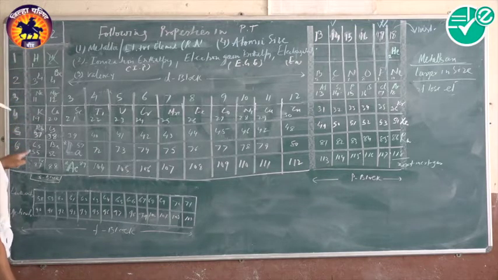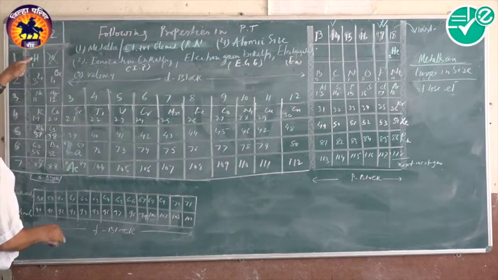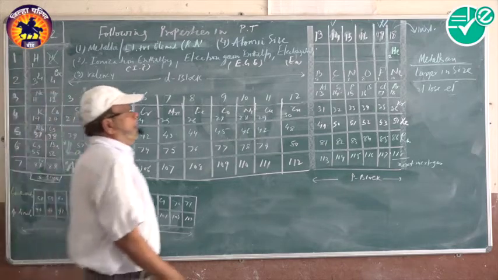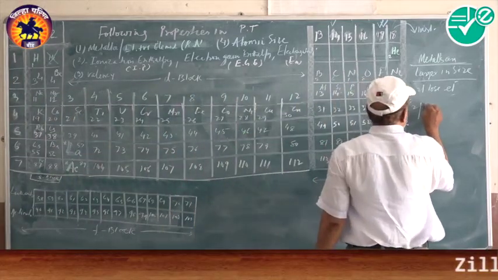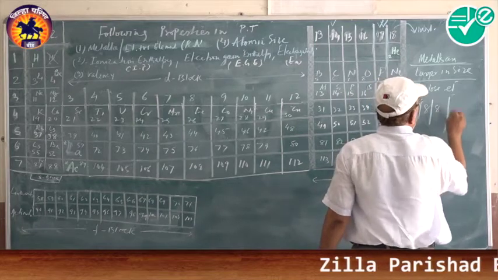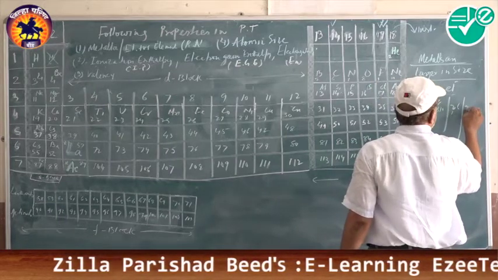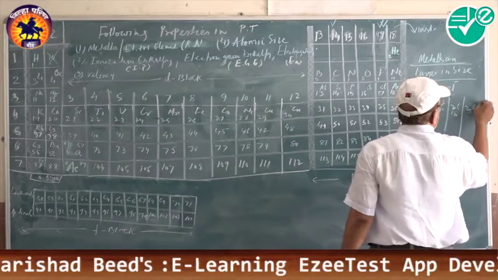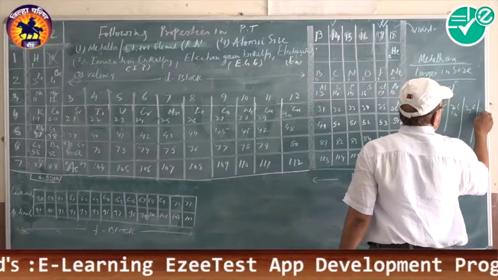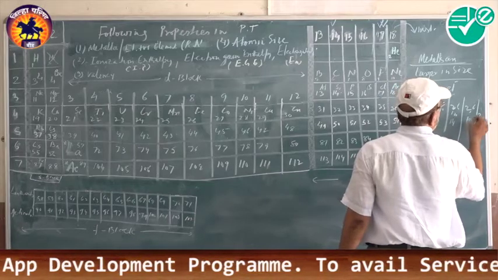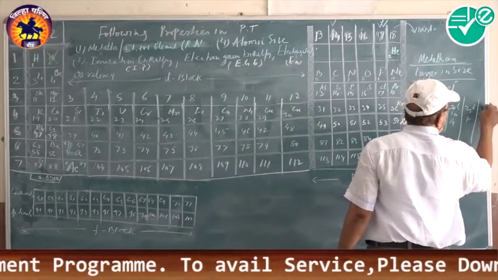Metallic properties increase. You may call it electropositive property increases. You may call reducing property increases, because in case of francium loss of electron is easy. The configuration is 2, 8, 18, 32, 18, 8 and 1.